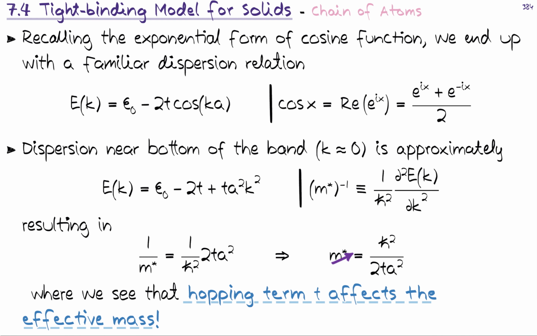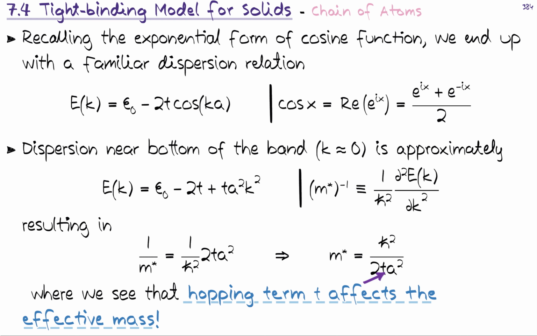But this is nice. We see that in principle, if you would put in, for example, a larger value of the hopping term, that would imply that we would have a smaller effective mass. Or the other way around, if we know that the effective mass is large, then we could imply that the hopping term should also be similar in that respect.